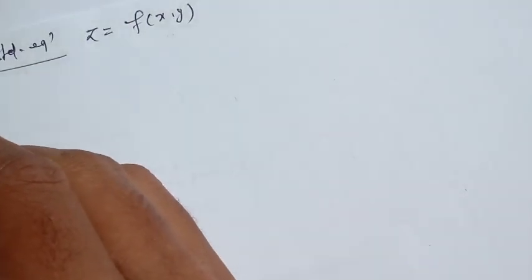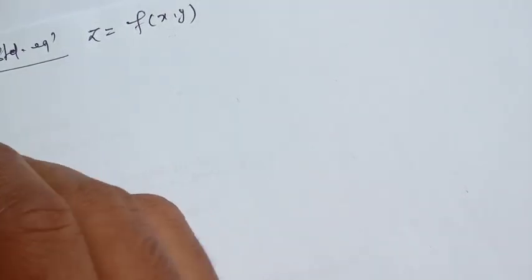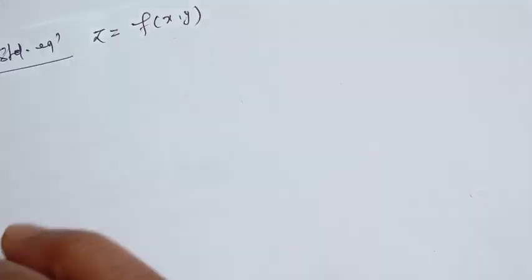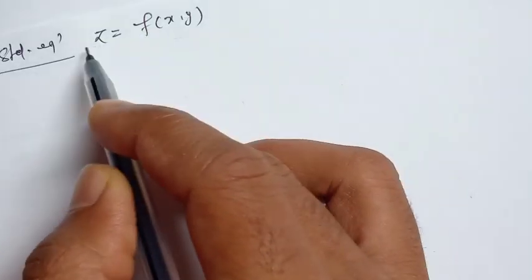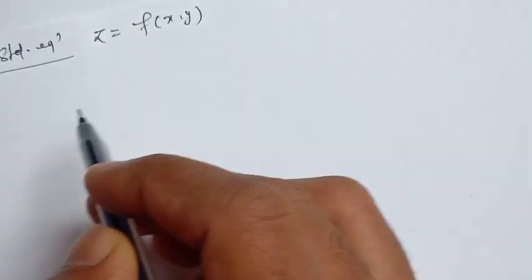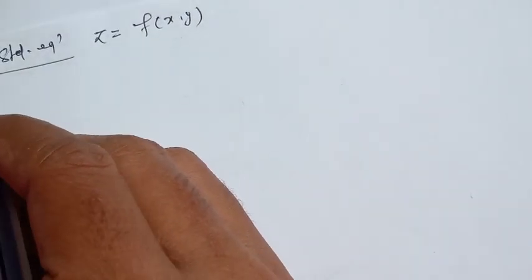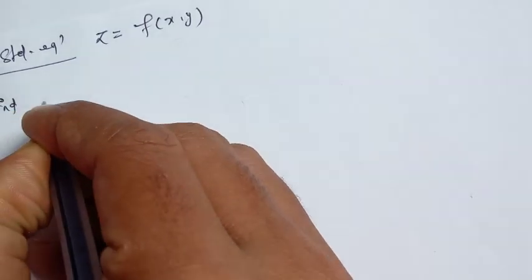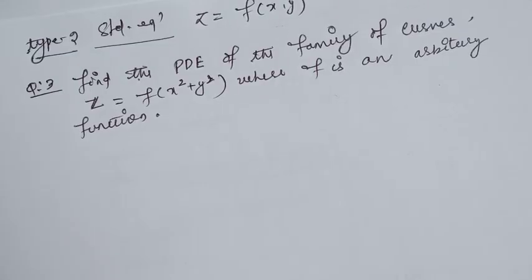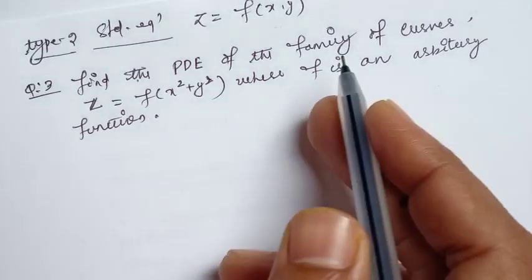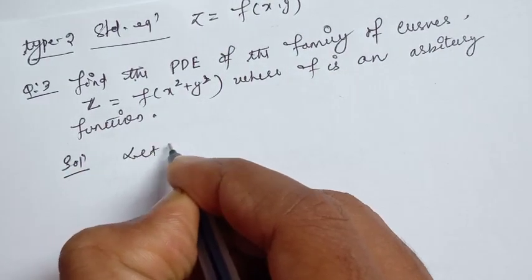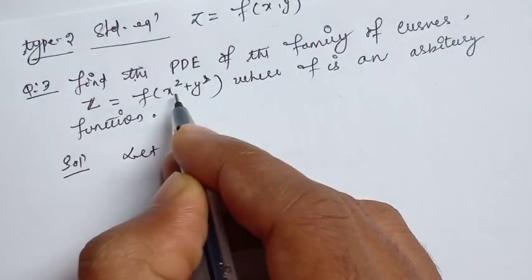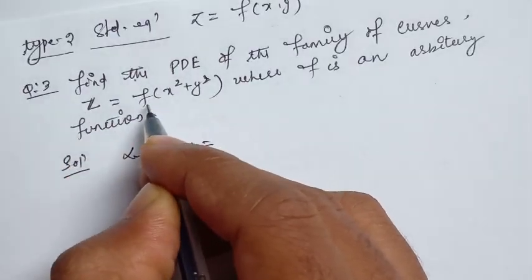Question number 3. We have discussed 2 questions based on the previous standard form. Question number 3 is based on this standard form, and this is the question we are going to solve. Solution: let u equal this.